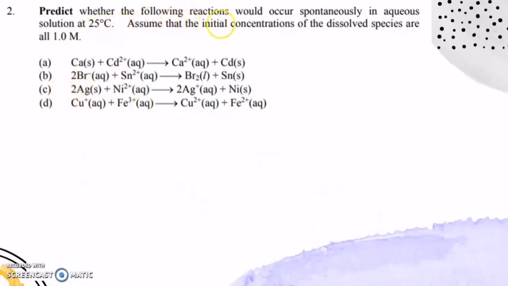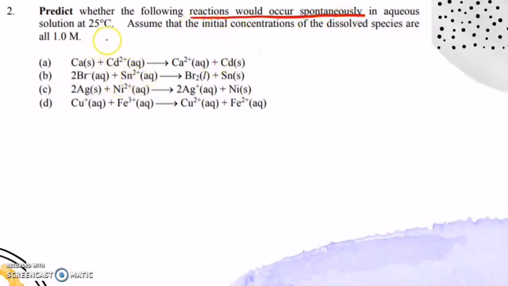Predict whether the following reactions would occur spontaneously in aqueous solution at 25 degrees Celsius. Assume that the initial concentrations of the dissolved species are all 1 molar. So, the question asks you to predict whether the reaction would occur spontaneously or not.